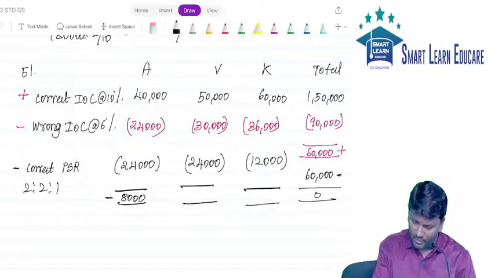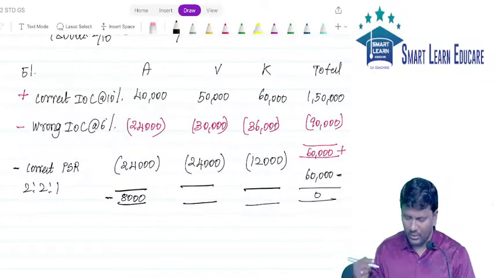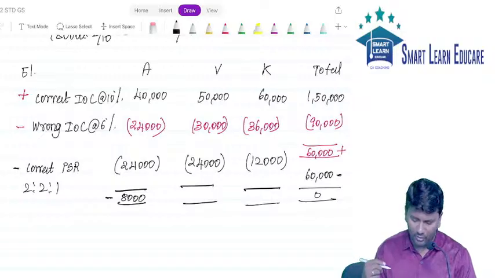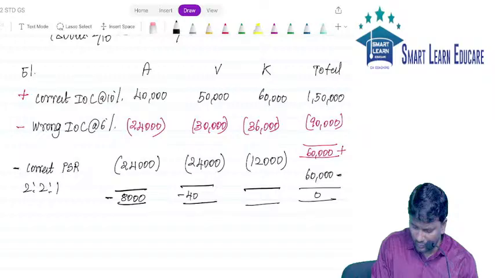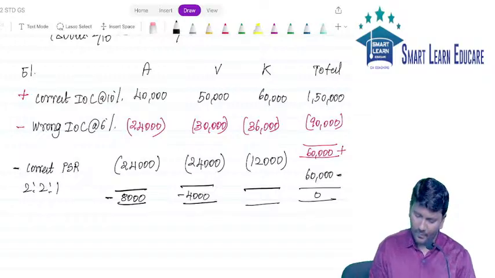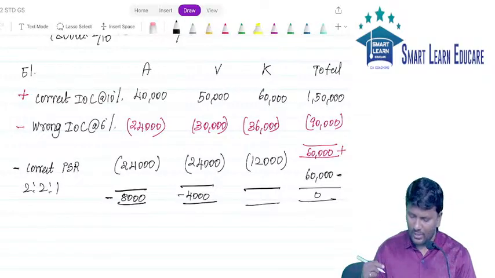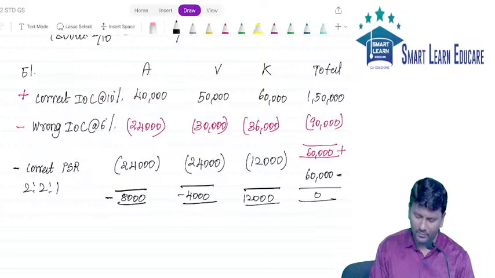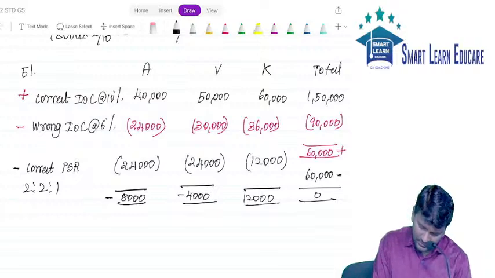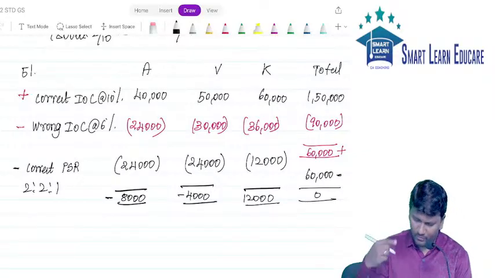Similarly, 30 plus 24 is minus 54, minus 54 plus 50, minus 4,000. 36 plus 12 is 48, 60 plus, so this is 12,000. Answer: the person having negative should be debited.